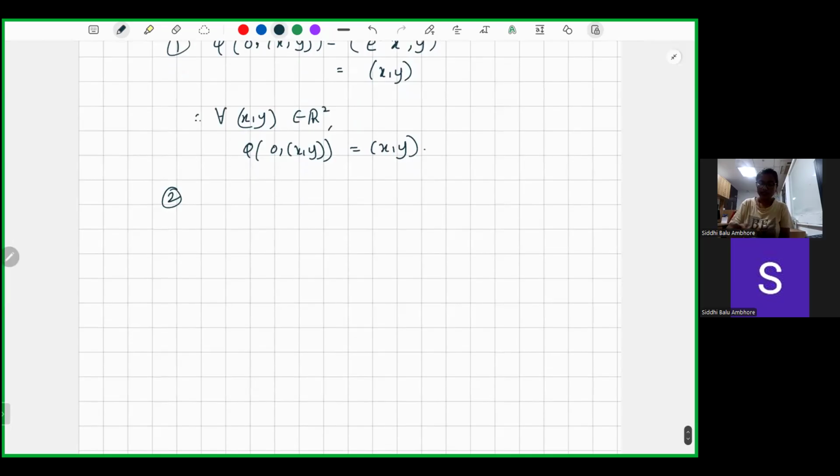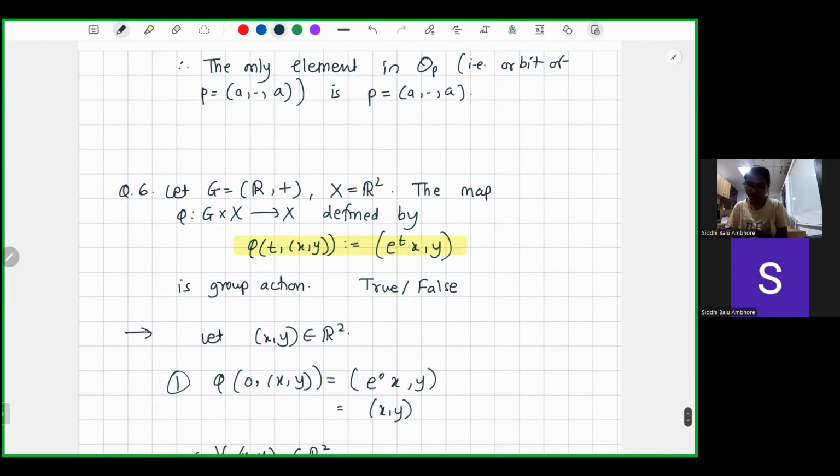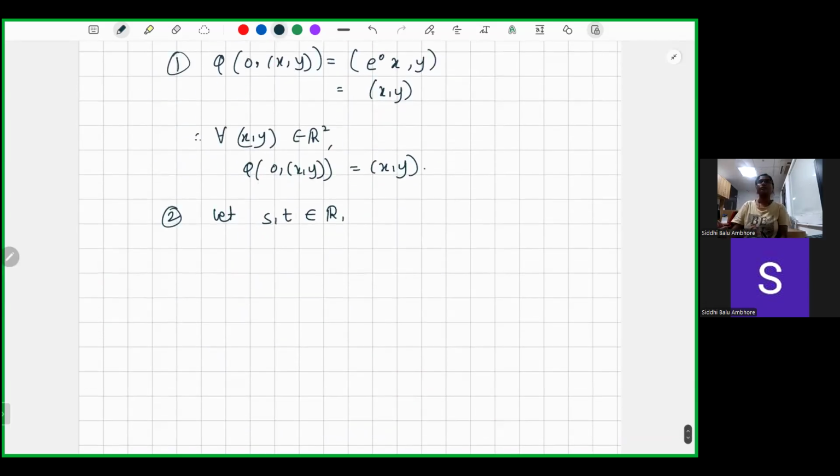Now the second condition. Let s comma t belong to R, that is my G. Let me write it explicitly.